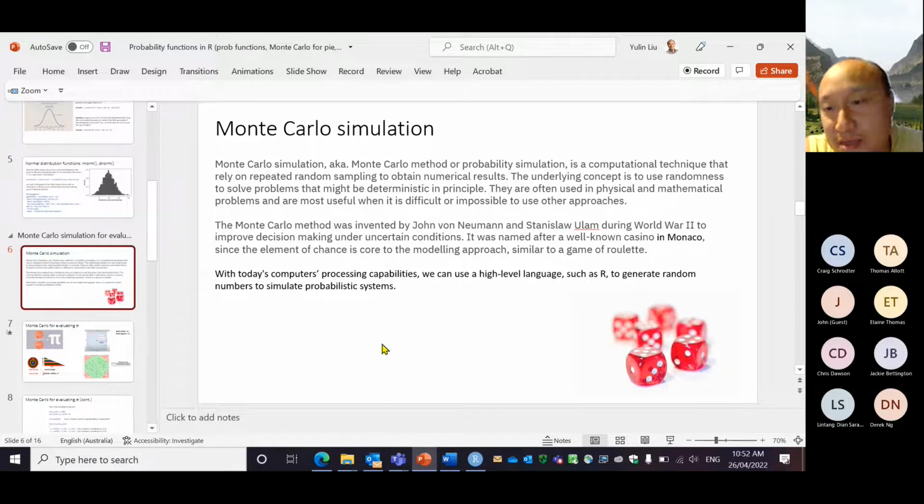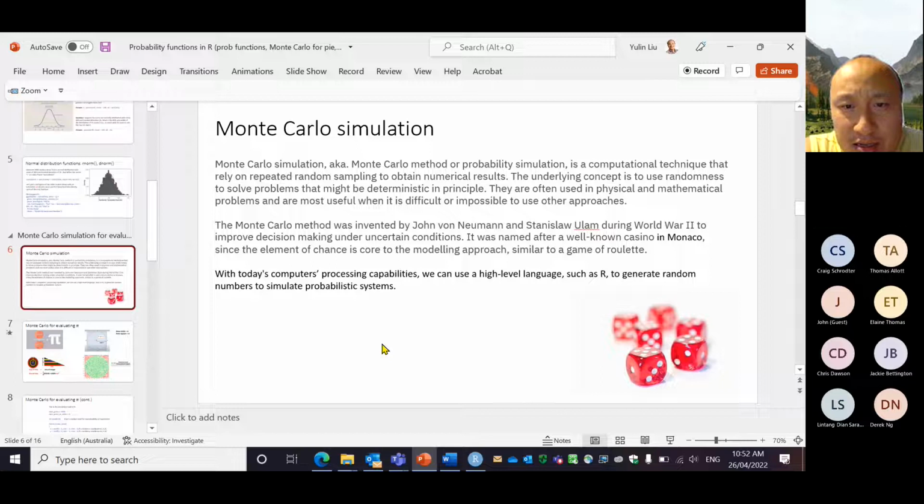Because probability and random modeling is historically related to gambling, also today related to gambling. So Monte Carlo is used by somebody to name this method.